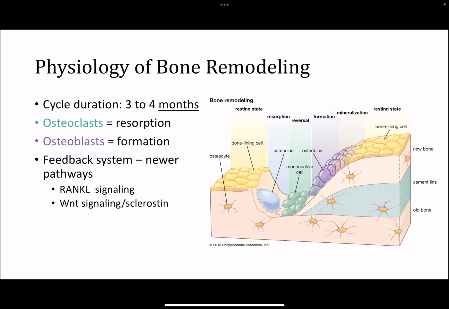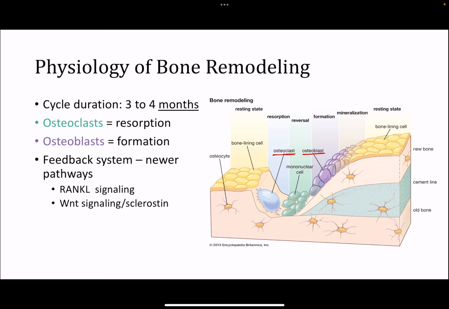This is a basic overview of bone remodeling. The bone is not stagnant, it's constantly growing, and it goes through cycles that last about 3 to 4 months. This remodeling is the highest when you're younger, so you're growing, and it's not like you have a bone and it stays the same. The two main workers of bone remodeling are osteoclasts and osteoblasts.